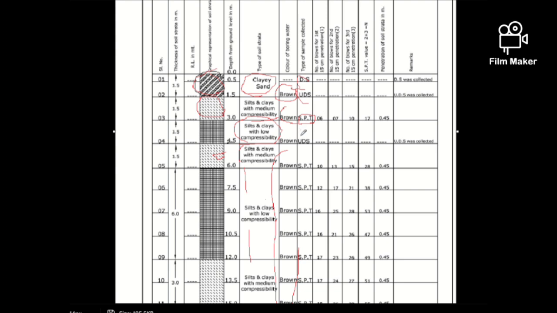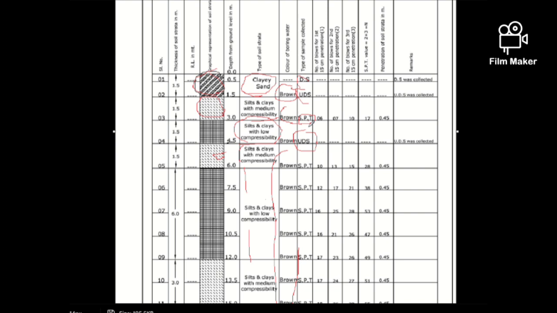If we want to get the proper parameters through laboratory tests, we have to collect the undisturbed or UDS sample. If it is not collected that way, or if it is collected through a disturbed soil sampler, it will be disturbed.